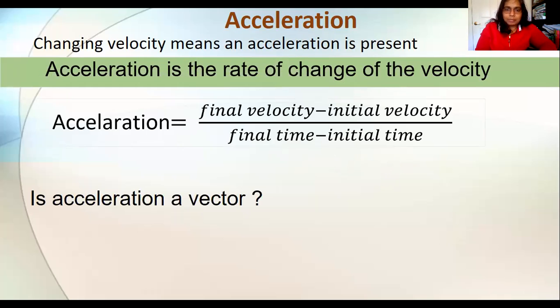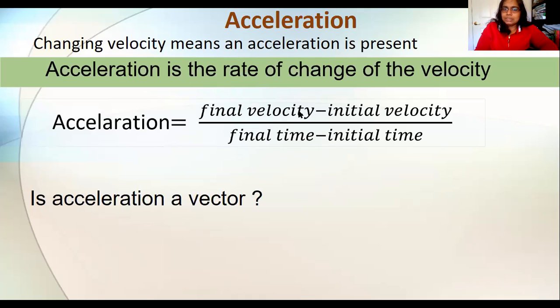So here we come with the question whether the acceleration is a vector. Now, if you look at the equation, time is not a vector, it is a scalar quantity, because we are not defining a positive time or a negative time. We are not really considering that. Time is a scalar quantity, it is not a vector quantity.